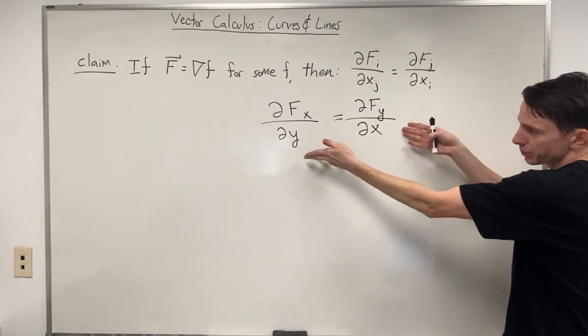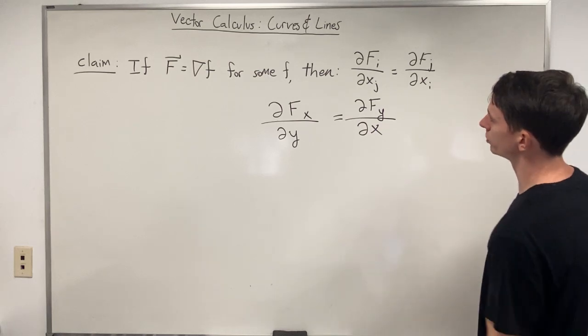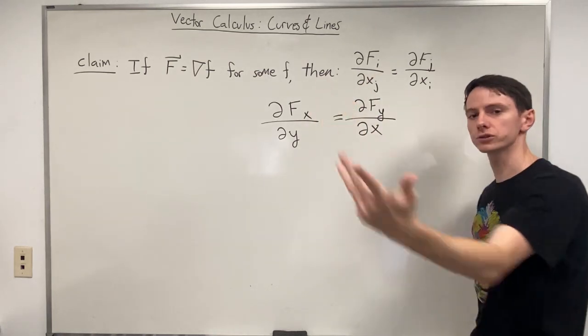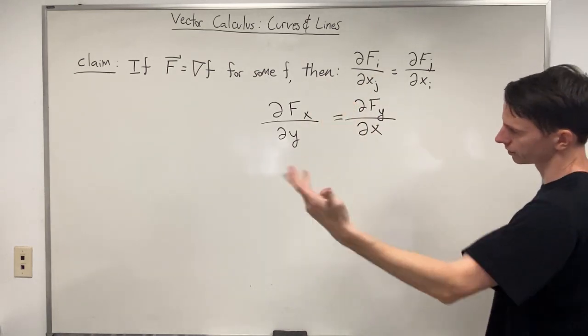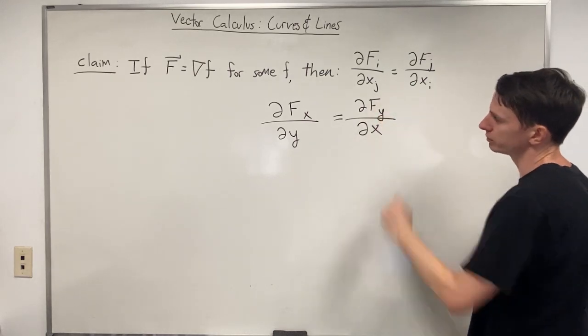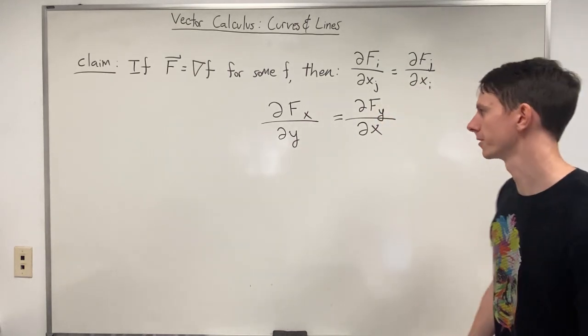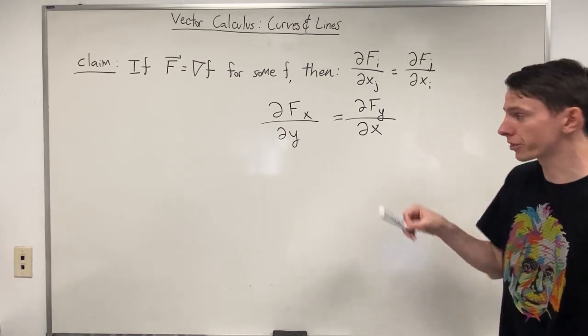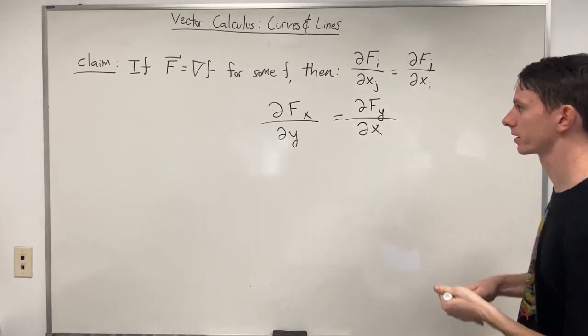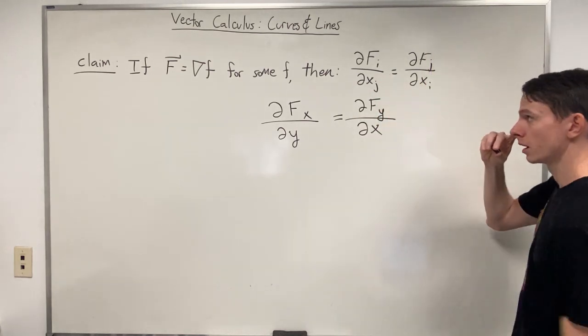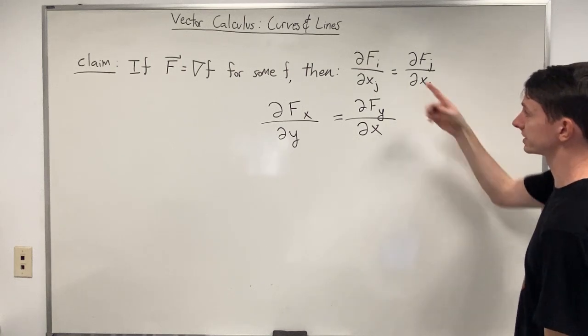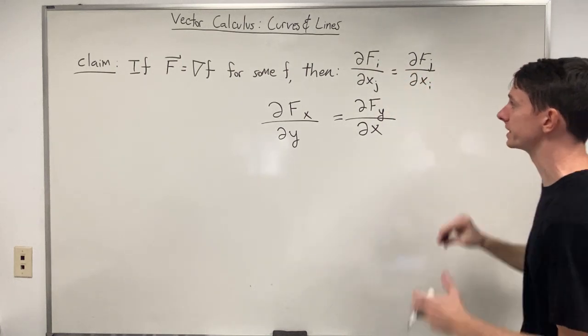So in this example, we set i to be the x, or the first component, and j we set to be the second component, or the y coordinate. But this would work with any two coordinates that we pick. We could set i to be z if we want.